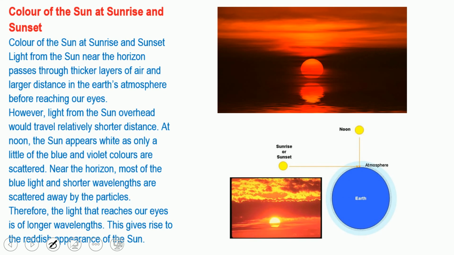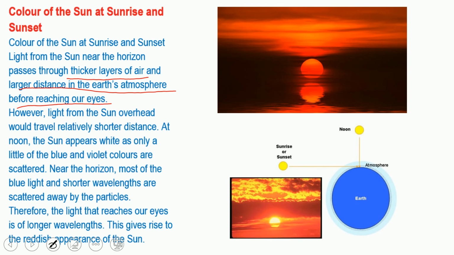Now look, the color of the sun at sunrise and sunset. Light from the sun near the horizon passes through a thicker layer of air, and a large distance in the earth's atmosphere before reaching our eyes. Understand?